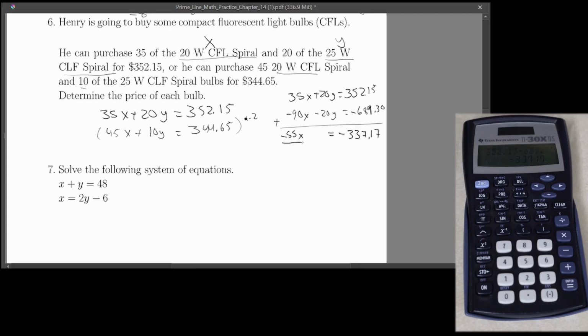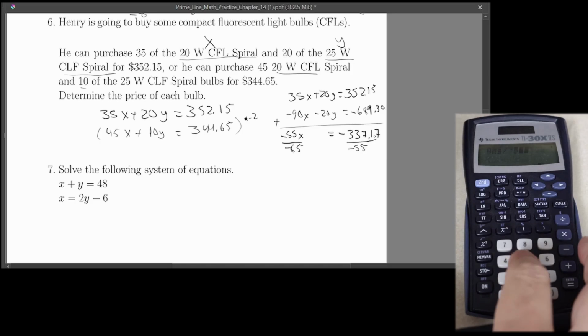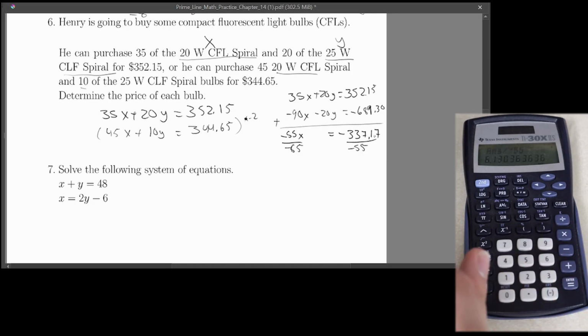We'll divide both sides by -55. So divide by -55. We're going to round this to the nearest penny. So for our x value, we get $6.13.